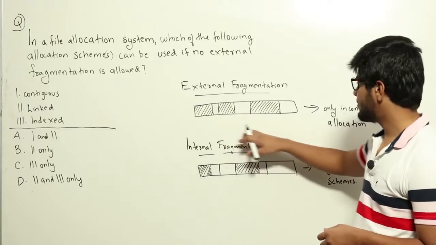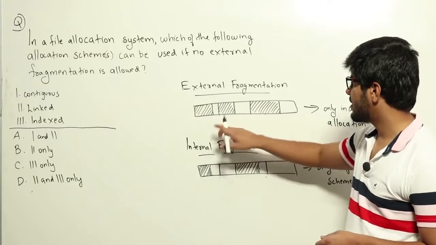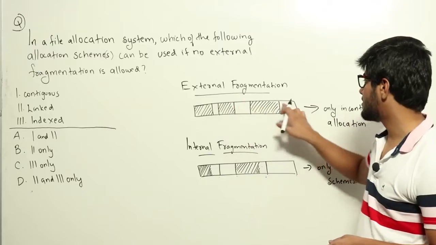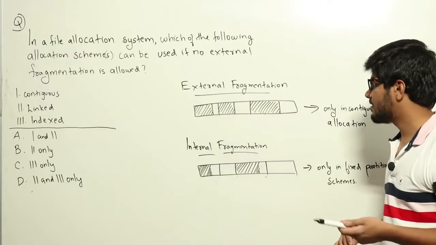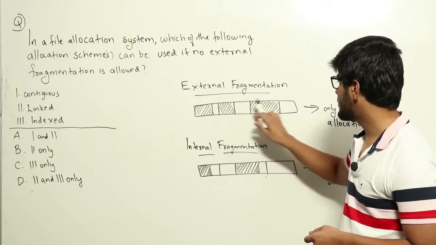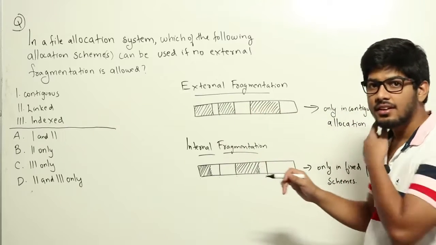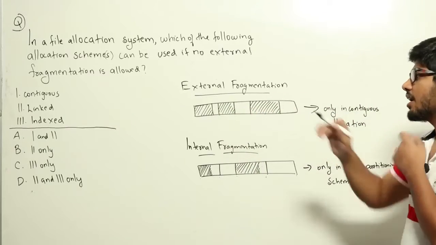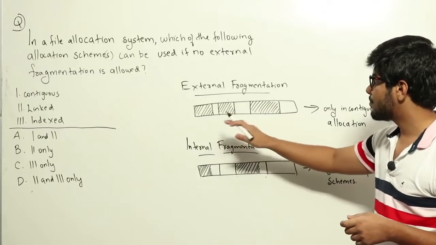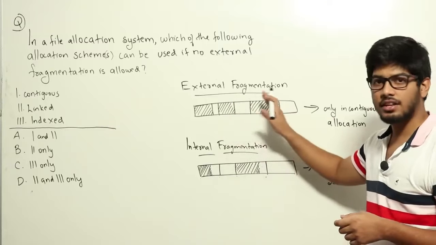Suppose this is the file system, and this is one file allocated here, another file allocated here, and another file allocated here, and these are free spaces. Imagine we have another file which will need as much space as the total of these 3 free spaces. But if we are using a contiguous allocation scheme, which means that we can allocate the file only in contiguous locations.